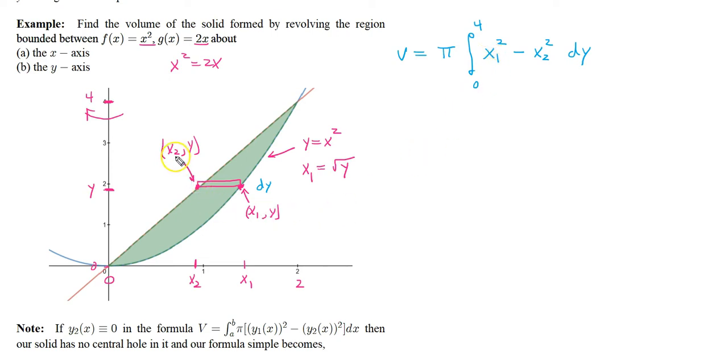This point over here, the x2, lies on the curve y equals 2x. And solving this for x in terms of y, we get that x equals y over 2. And now this x is really x2, so x2 is y over 2. And so then this equation over here becomes pi integral 0 to 4.